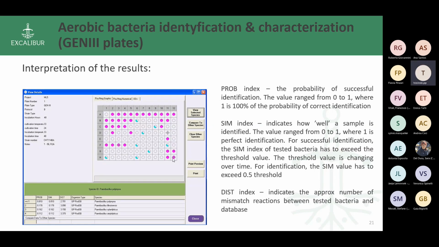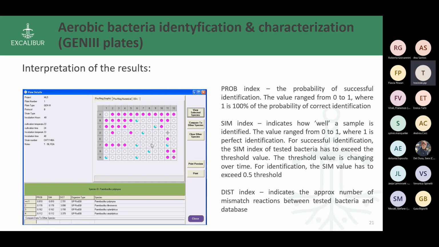this graphic is better. This is the simplified graphic which indicates that, okay, my microorganism is able to metabolize, for example, this carbon source, this carbon source, and this carbon source. And I forgot to tell you that we can see 3 different reactions.